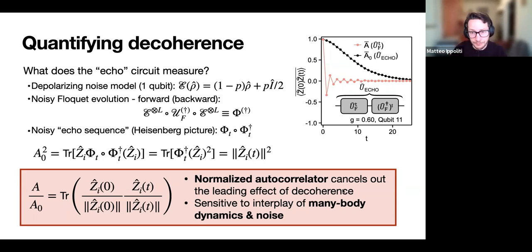And by doing this, we are somehow accessing, at least in an approximate sense, the response of the system in the absence of decoherence. And also I want to emphasize again that this is sensitive to the interplay of local noise with many-body dynamics. So it's a kind of automatically tailored solution dependent on where you are in the phase diagram.